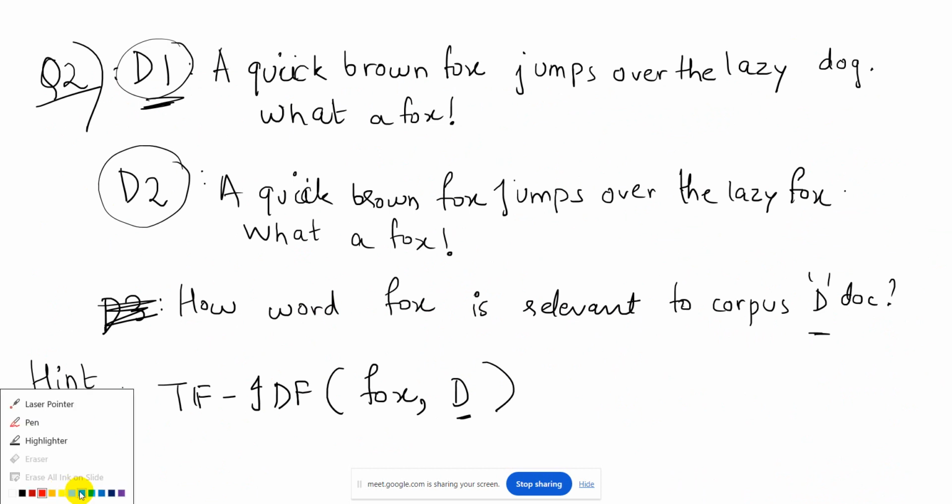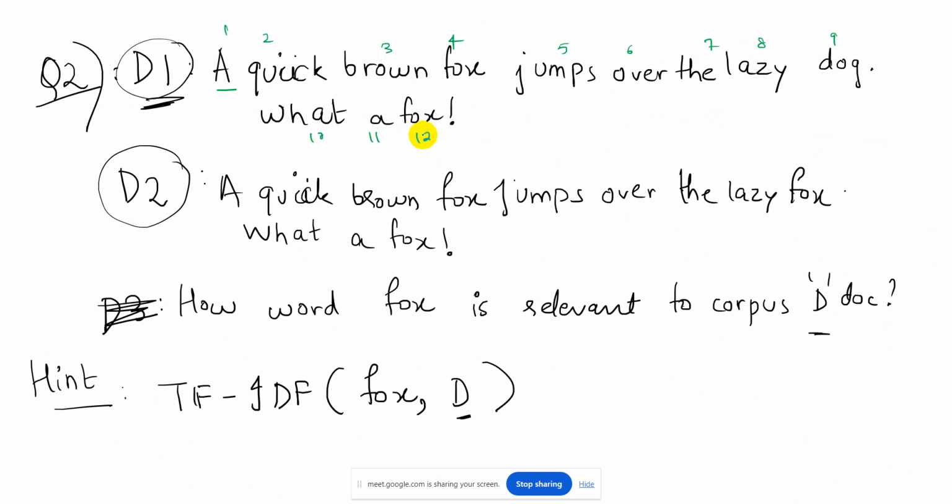So I'll solve it here. How many words are there in the first document? How will we calculate? See, 1, 2, 3, 4, 5, 6, 7, 8, 9, 10, 11, 12. Here you should not consider whether the word fox is repeating. You're not here to consider the unique words.